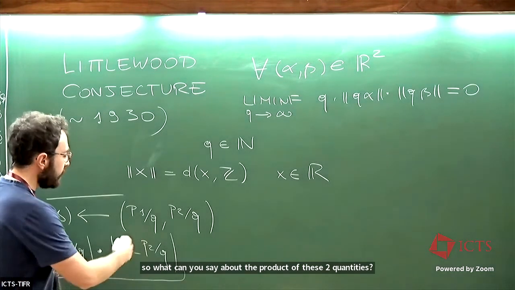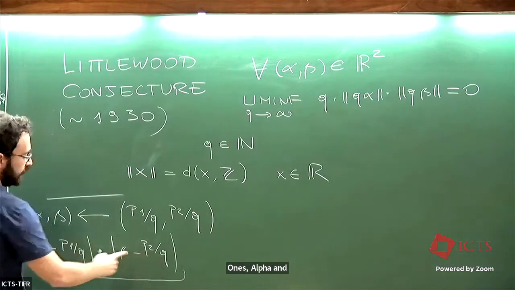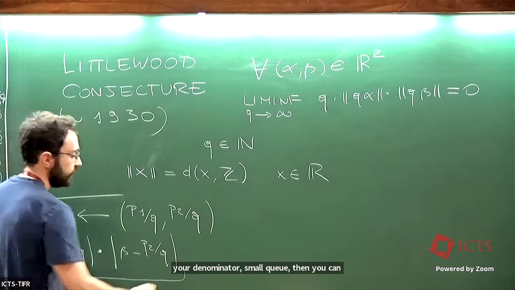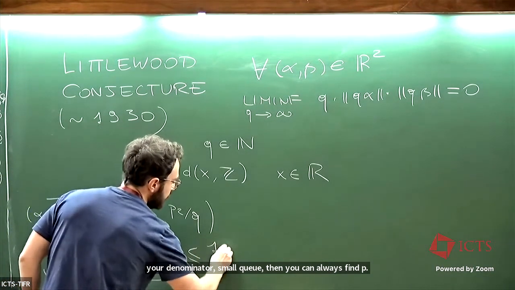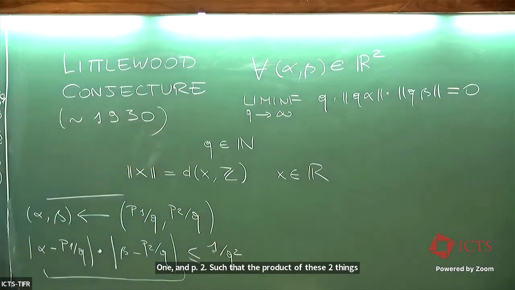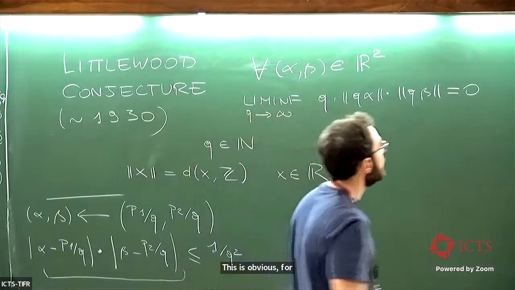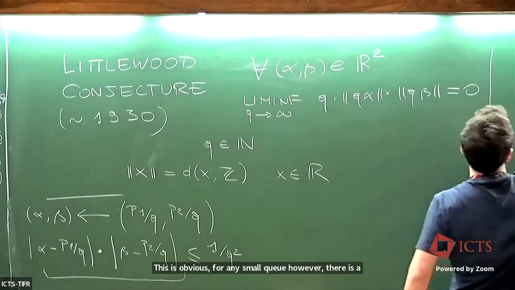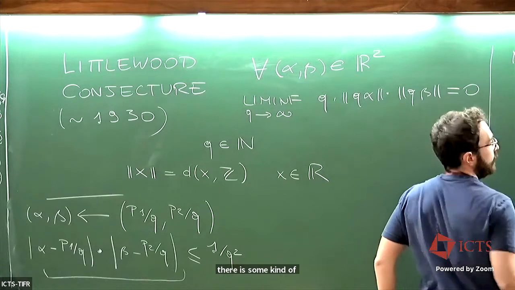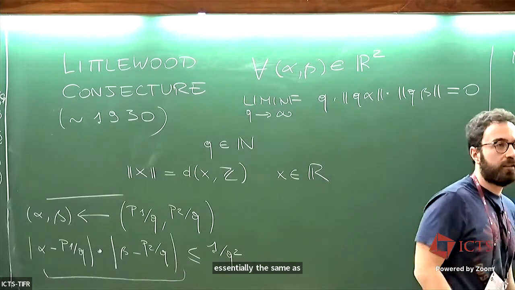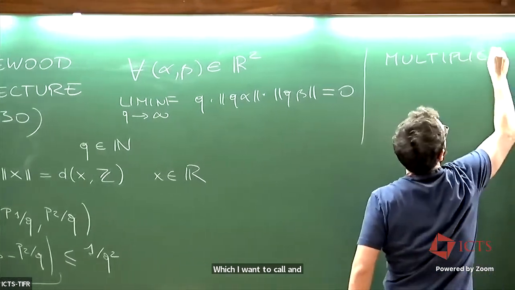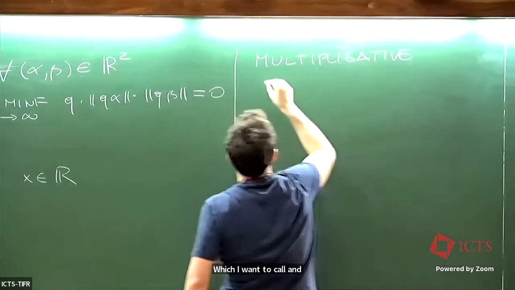Okay, so what can you say about the product of these two quantities once alpha and beta are fixed? Well, if you also fix your denominator small q, then you can always find p1 and p2 such that the product of these two things is smaller than 1 over q squared. This is obvious for any small q. However, there is some kind of pigeonhole argument, which is essentially the same as Dirichlet's theorem, which I want to call multiplicative Dirichlet.